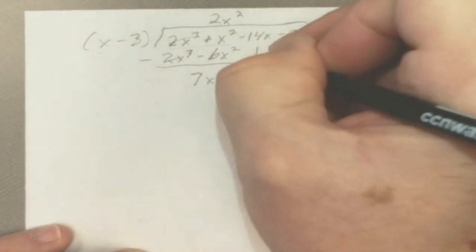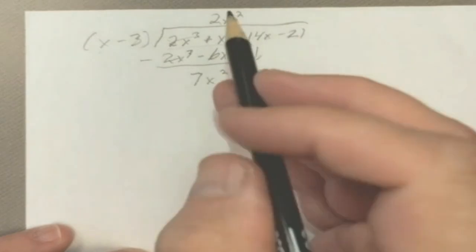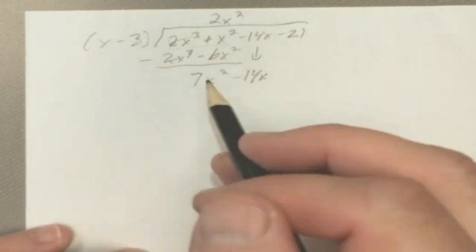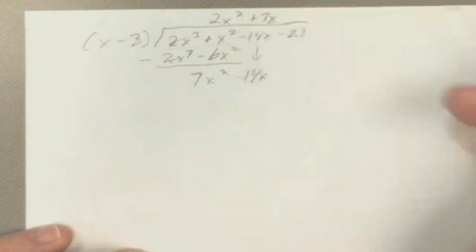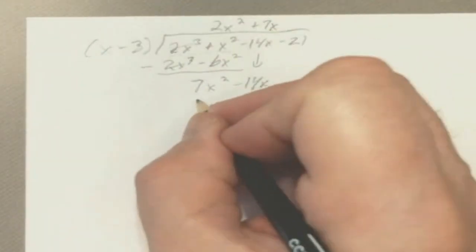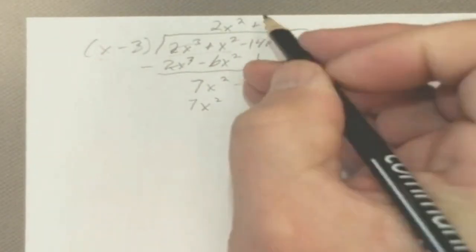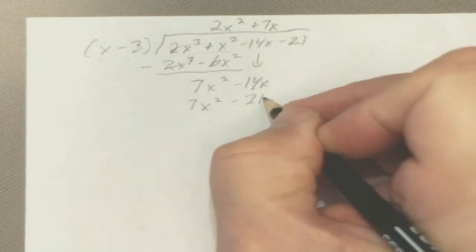Bring down the next term, minus 14x. How many times does x go into 7x squared? Well, it goes in 7x times. If we divide x out of it, 7x times x is 7x squared. 7x times negative 3 is negative 21x.